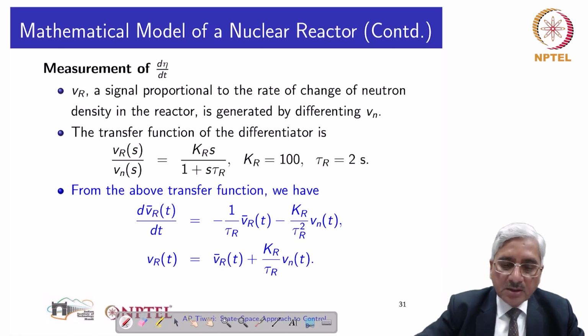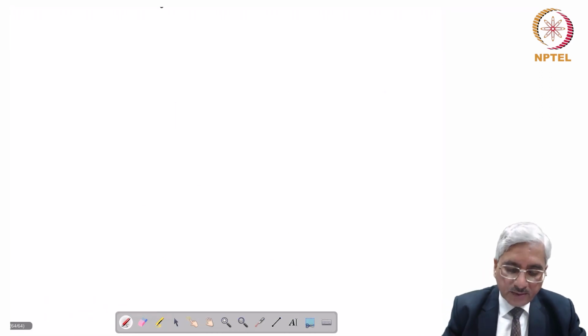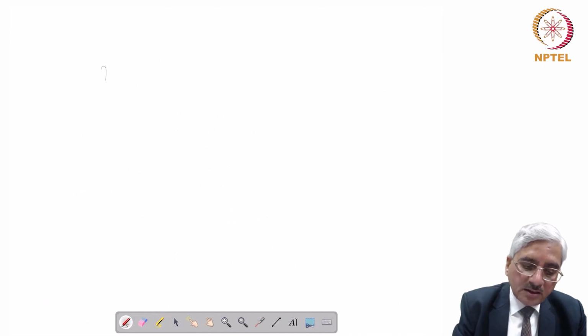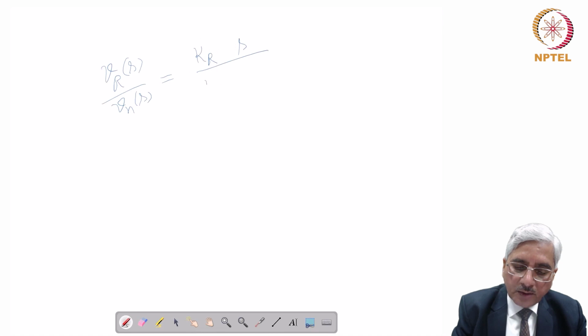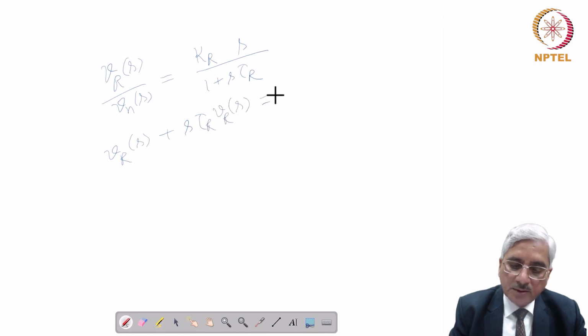So what we do is, let me just indicate here that Vr by Vn is Kr S by 1 plus S tau R. Now we cross multiply, so Vr(s) plus S tau R Vr(s) will be equal to Kr S Vn(s).